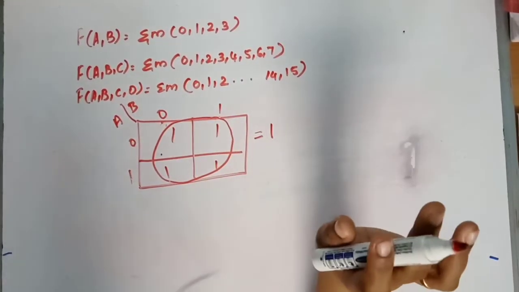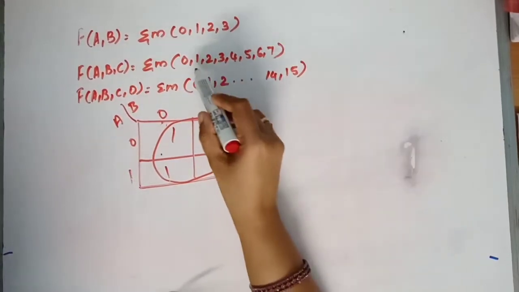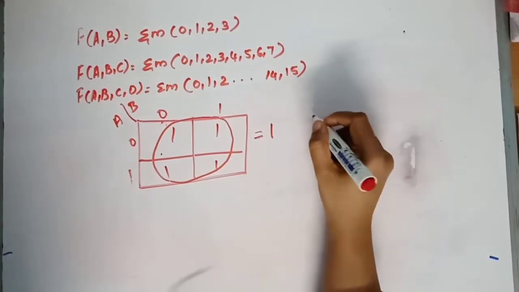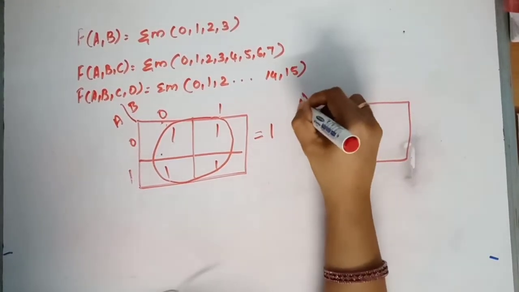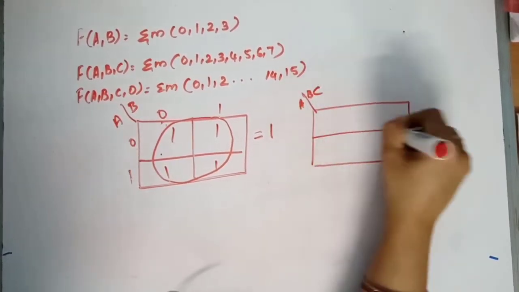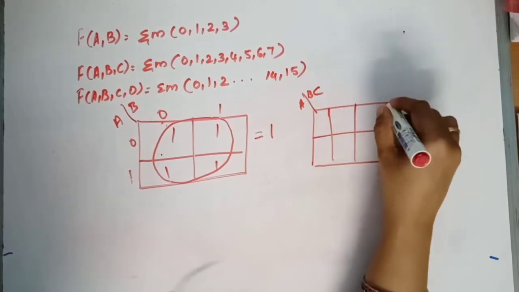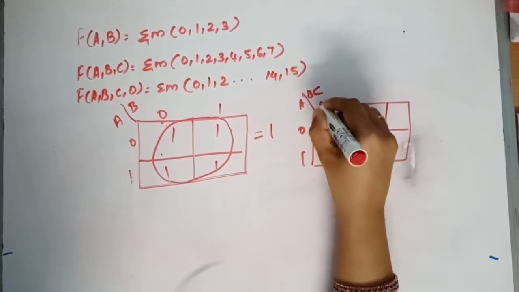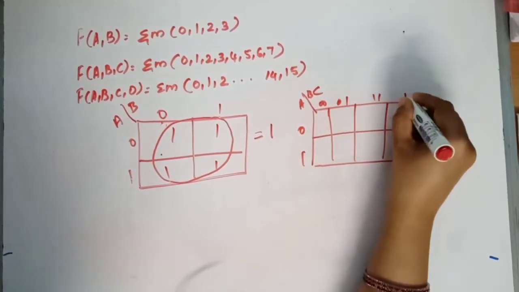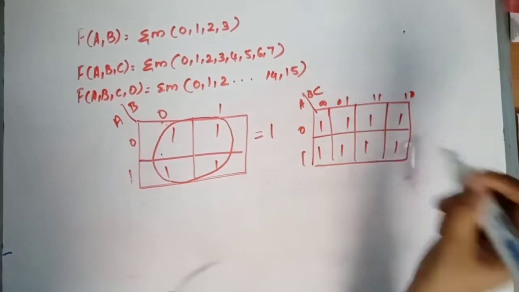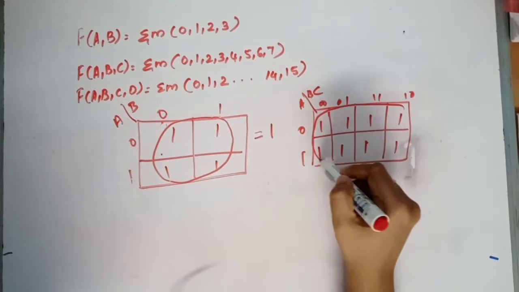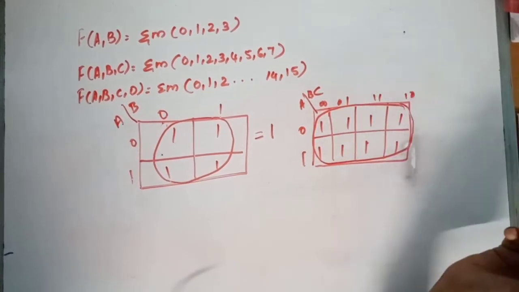whichever be the input. Similarly, in this case also, if you draw the 3 variable Kmap, all the cells are equal to 1. You can group it as a single octet.